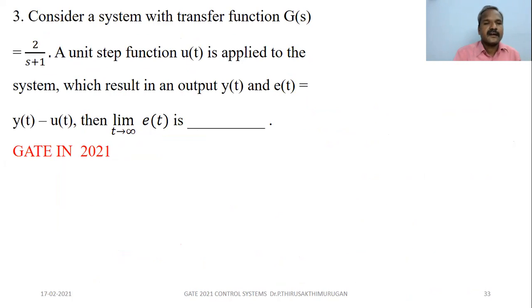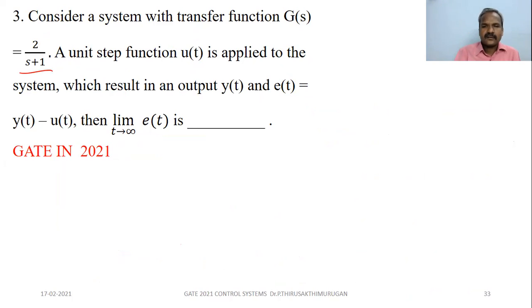Consider the system transfer function, open loop transfer function. System transfer function g of s is given. A unit step function u of t is applied to the system, which results in y of t and e of t. Then what is the steady state error? So the system transfer function is given, right?